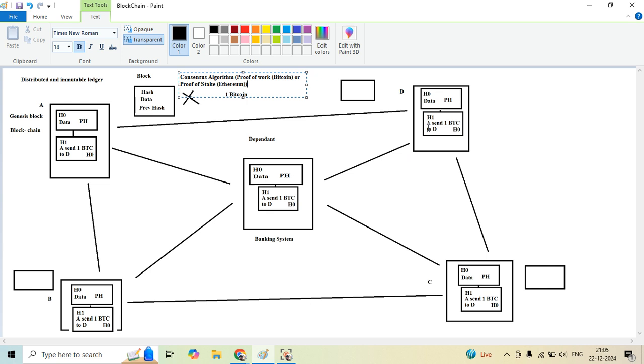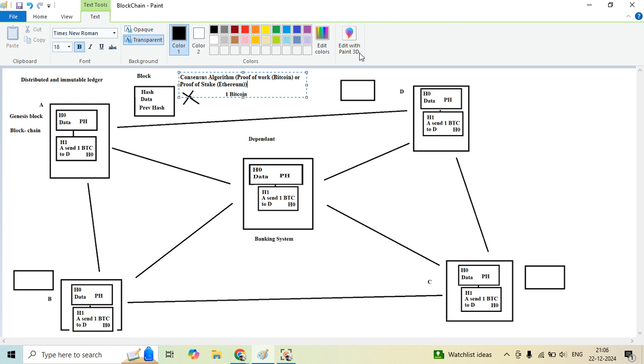The transactions can be done directly, and each block is added based upon the consensus, so there is no untrustworthiness. When more than 50% of the blocks accept this transaction, only then will this transaction be accepted, and that will be added to the blockchain.